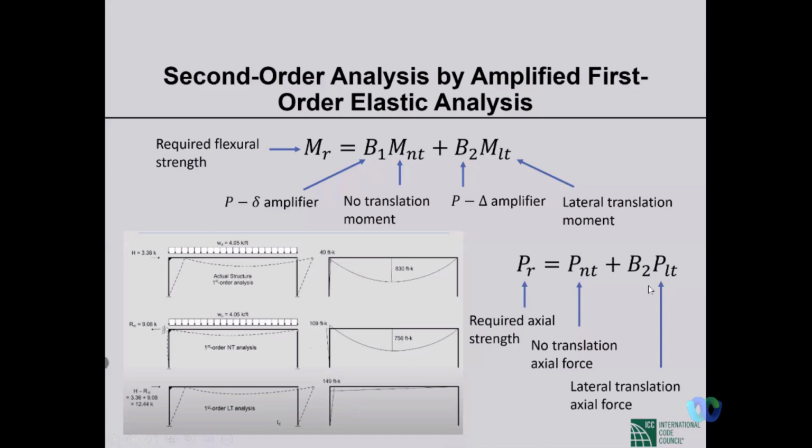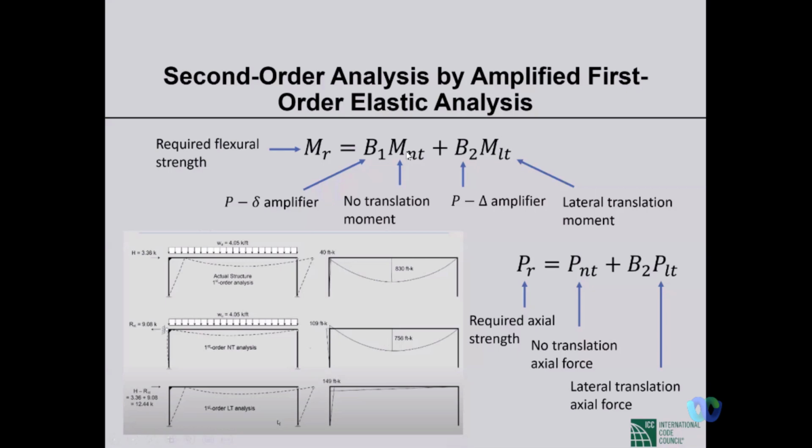Remember, the P large delta is related to sway only, and P small delta is related to member bending. So in an indirect way, these two terms are separated in this no translation, lateral translation method of analysis.